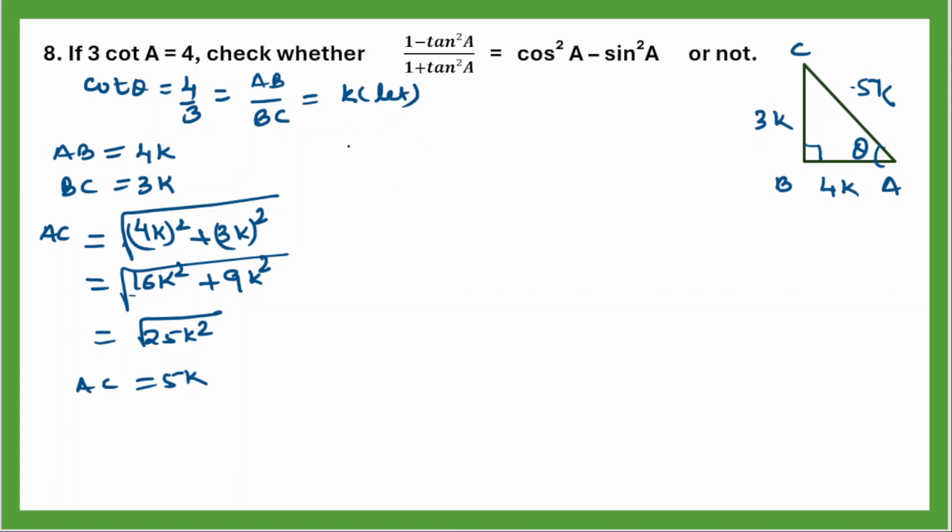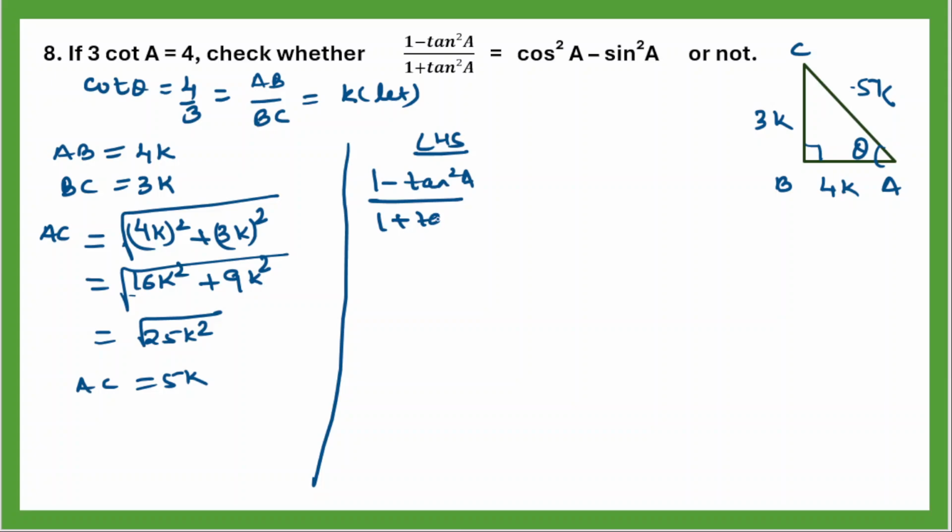Now, taking left hand side first. We are taking left hand side, so 1 minus tan square A divided by 1 plus tan square A. What is your tan? Your tan A is equals to BC divided by AB.